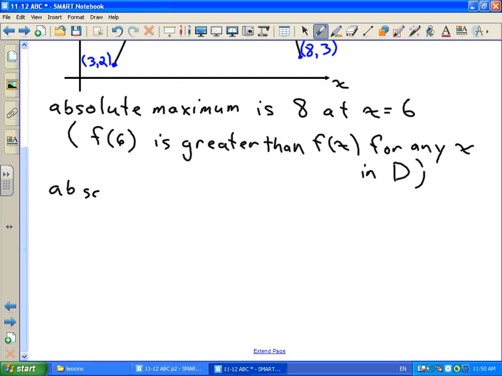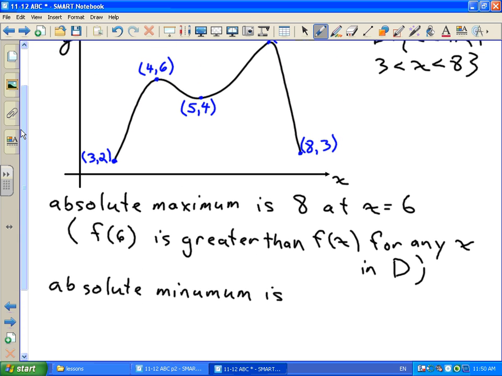I'm also going to have an absolute minimum. Where's my absolute minimum going to be? What is the value of the absolute minimum, and where does it occur? So the absolute minimum is 2 at x equals 3, because this is the lowest possible value that we can have.